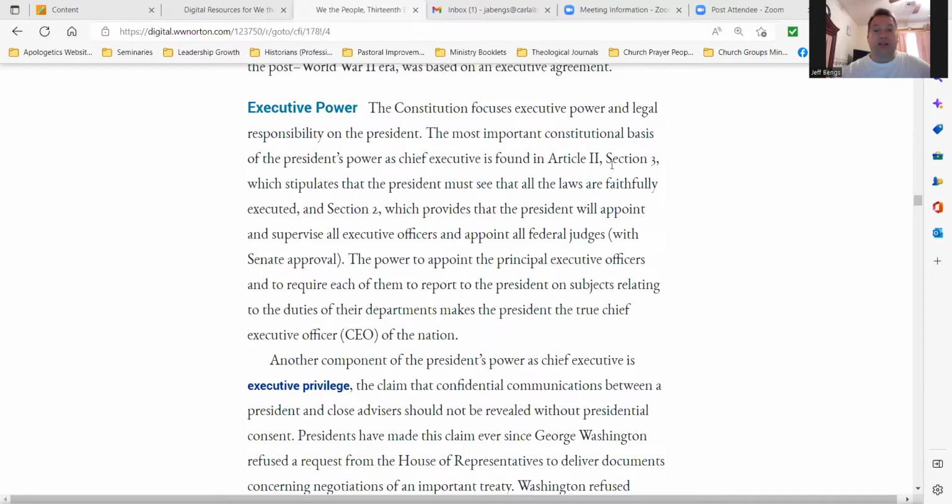This is Article 2, Section 3. And then Article 2, Section 2 says that the president will appoint and supervise all executive officers and appoint all federal judges. But notice here, with Senate approval.